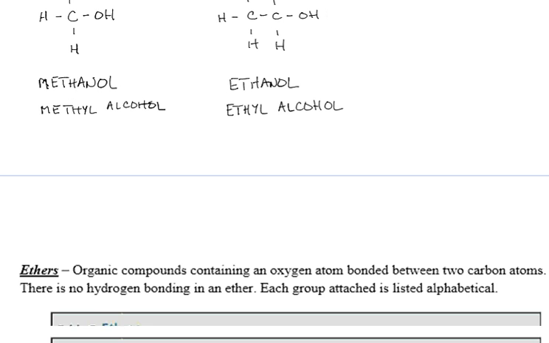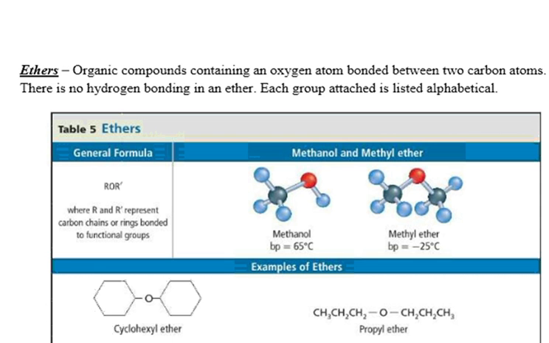The second group we're going to look at are called the ethers. Ethers are organic compounds that contain an oxygen atom bonded between 2 carbon atoms. There's no hydrogen bonding in an ether, and each group is listed alphabetically.